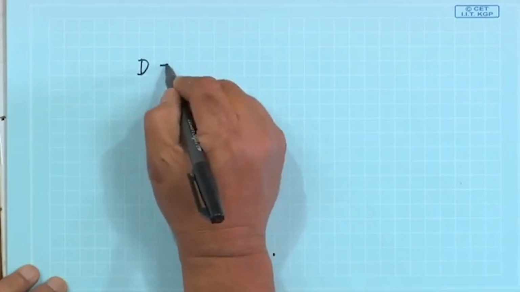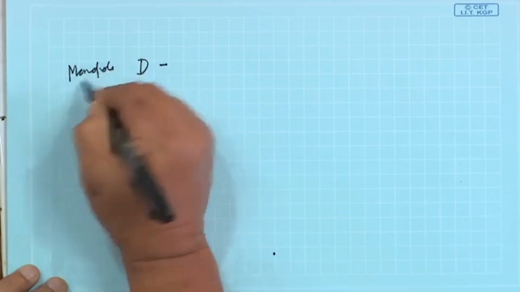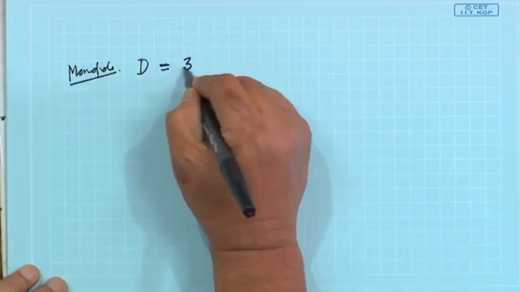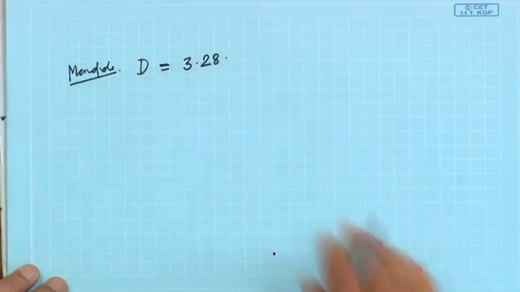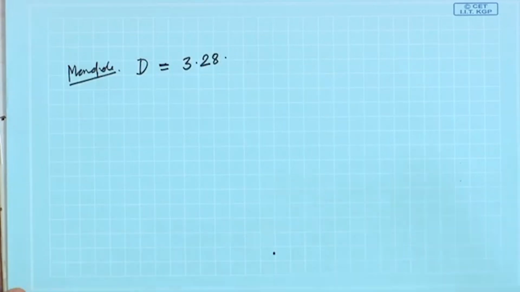So, the quarter wave monopole directivity will be 3.28 instead of 1.64, because the radiated power is half. Okay.